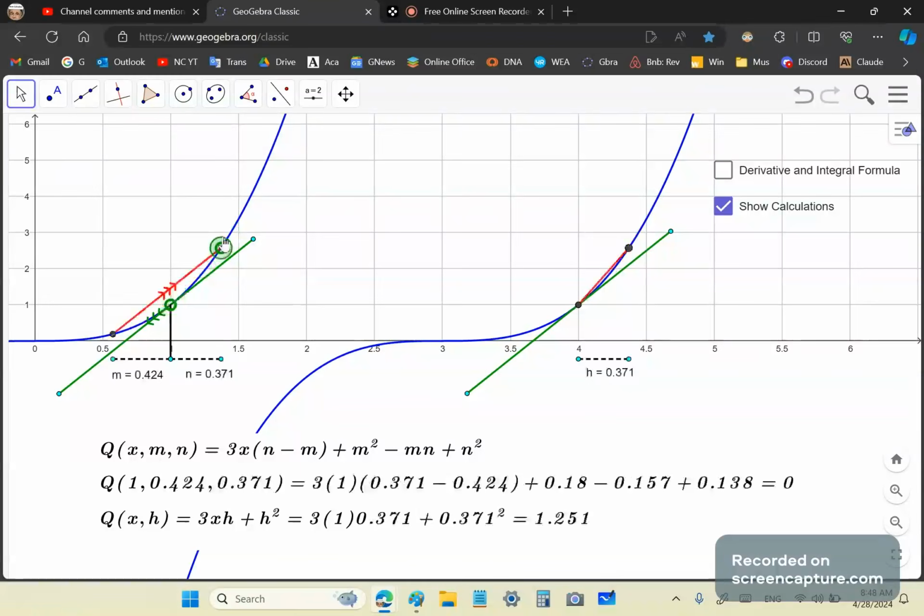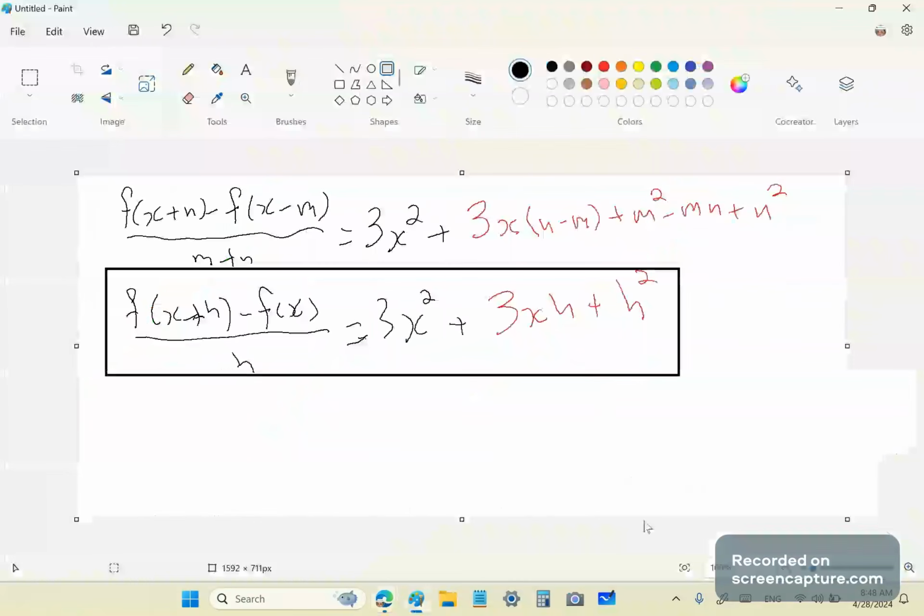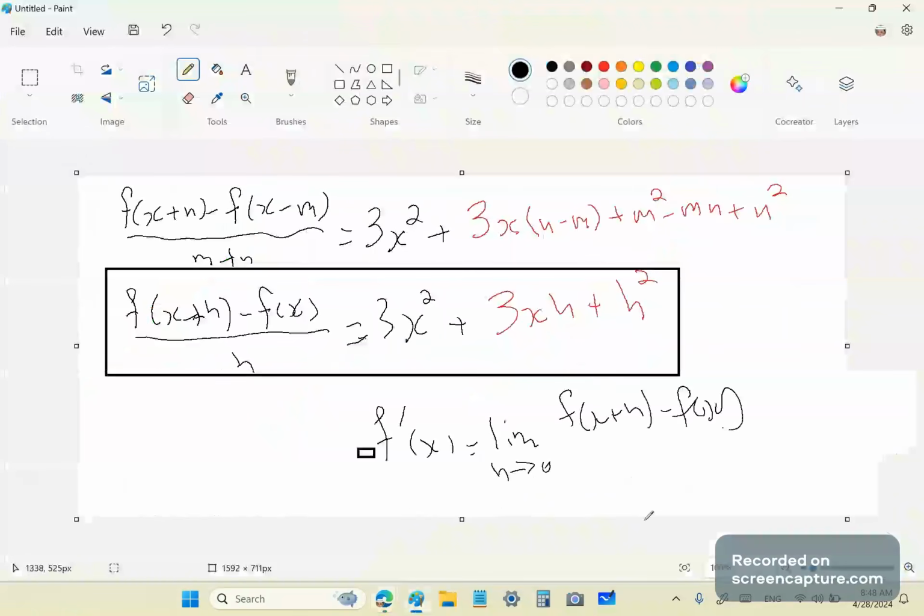I'm sure all of you know that in your calculus, you simply say f prime of x is equal to the limit as h approaches 0 of f of x plus h minus f of x, over h.